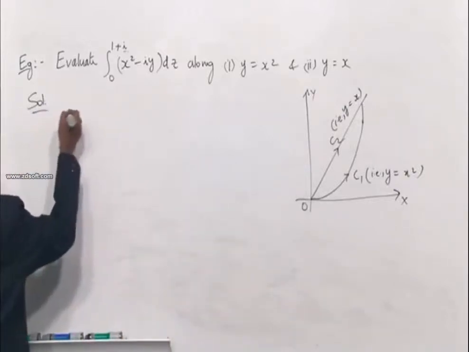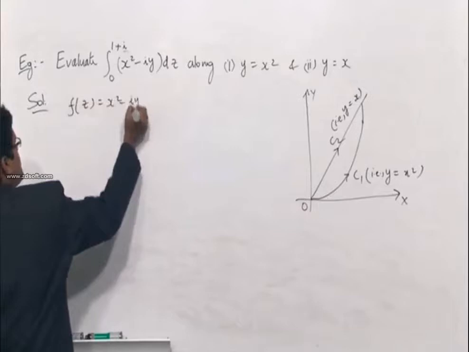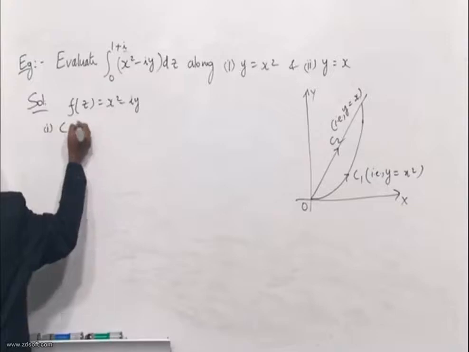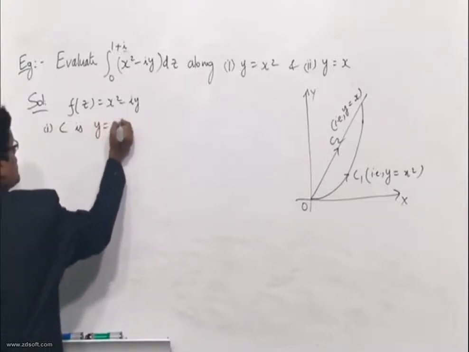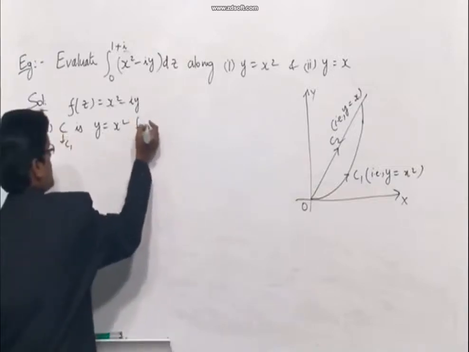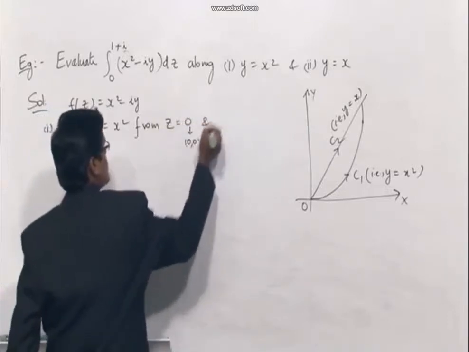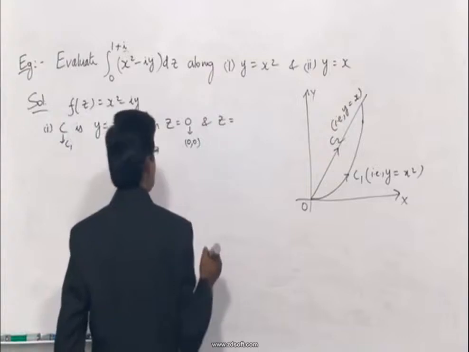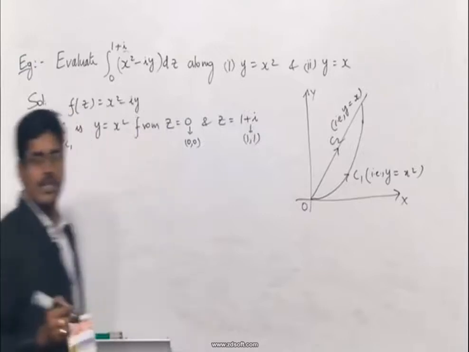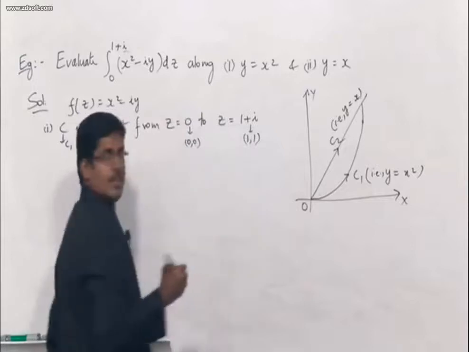See, first bit. F of z is equal to how much? X square minus iy. First bit, C is y is equal to x square, that is C1. From z is equal to 0, which stands for 0,0, complex number 0, and z is equal to 1 plus i, which stands for 1,1.